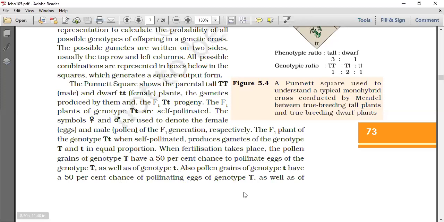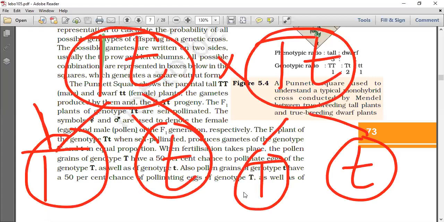During meiosis, when the gametes are getting formed, 50% of the pollen grains have the tall allele and 50% have the dwarf allele. In the same way, 50% of the eggs have the tall allele, 50% have the dwarf allele. This is what happens when we cross F1 with F1, self-pollination.